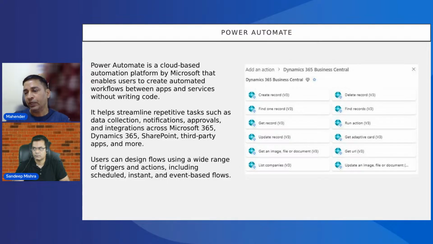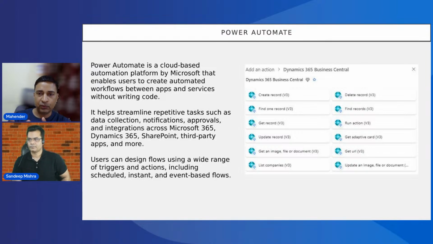Power Automate is our core tool for workflow automation, where we take data from a connected application. Normally we bind Power Automate with a particular trigger from the related application, and in our case today that's Business Central.